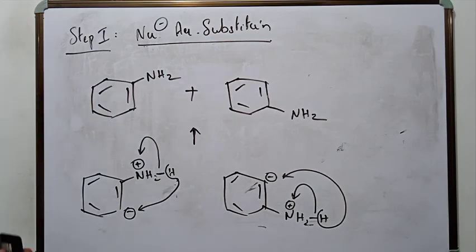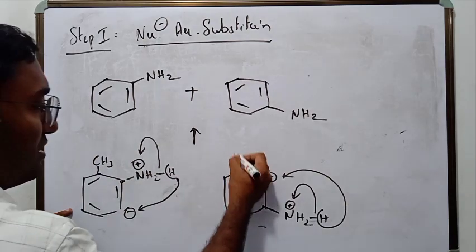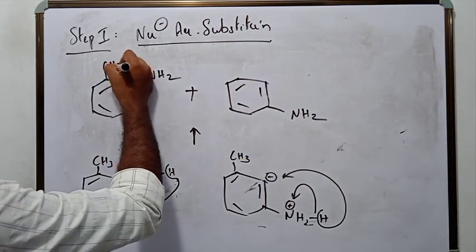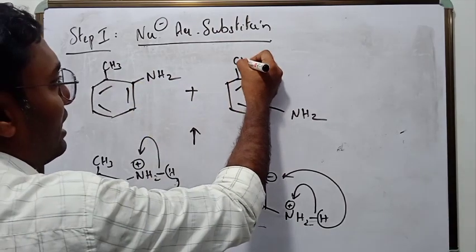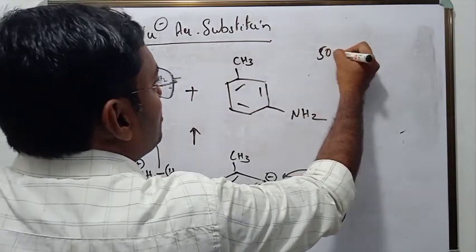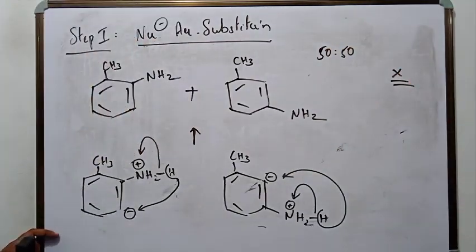Now if there is a CH3 group here as primary substituent, if we were talking about that, then we would have got two isomers. One is the ortho isomer and the other is the meta isomer in a 50:50 proportion. There is no para isomer. No para isomer is formed.